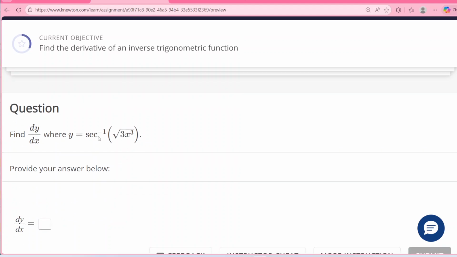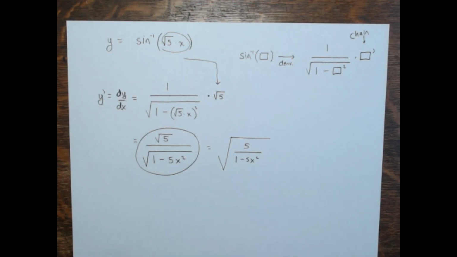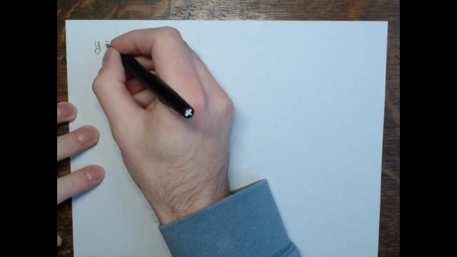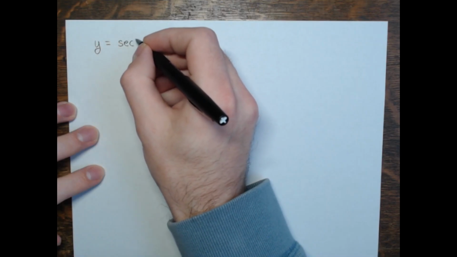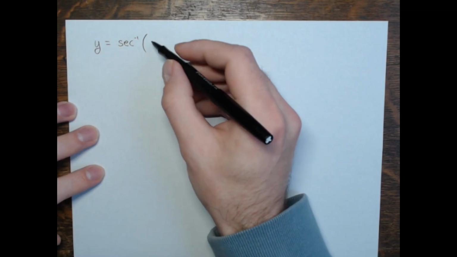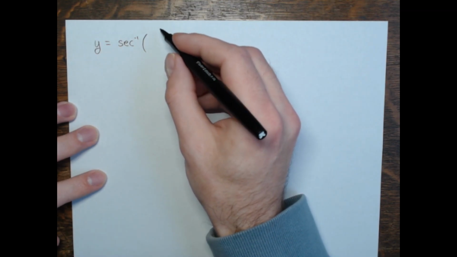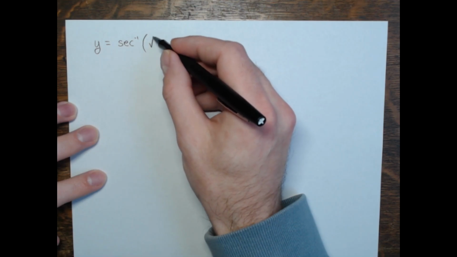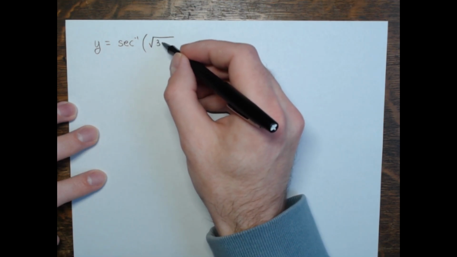So there's another one where I'd have to use the chain rule. It's not just the inverse secant of x, it's the inverse secant of some expression involving x. So y equals inverse secant of the positive square root of 3x cubed.